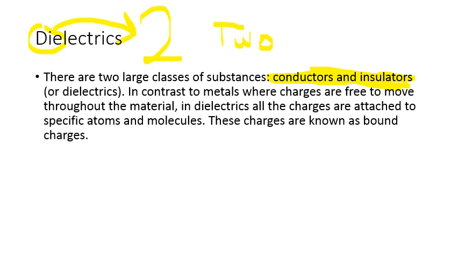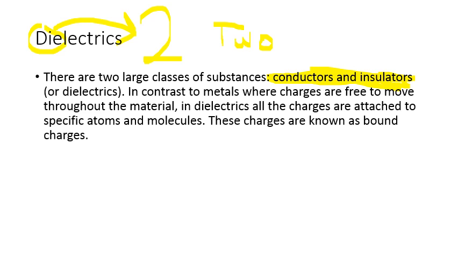Conductors are known for conduction. Conduction means electrons can move through the conductors. The reason for conduction is that electrons are available in the conductors. Conductors contain a large number of electrons, millions of electrons.